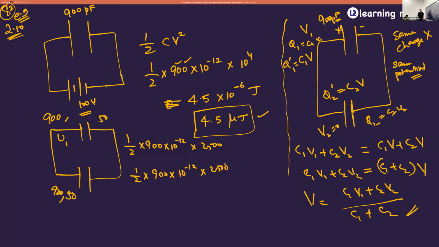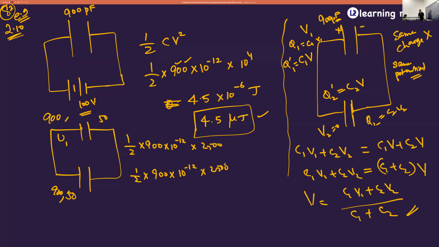So basically, how much will you get? 25 into 9 is how much? 250 minus 25. You will get 225. So 225 divided by 2. So basically, this will be 225 by 2. This will be 225 by 2.